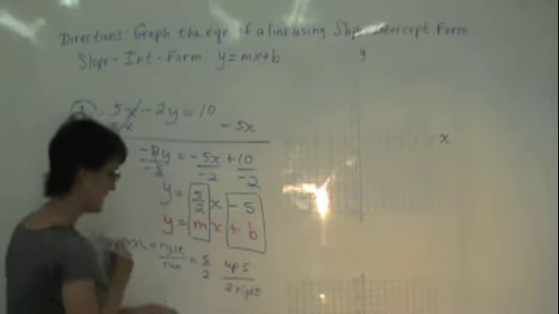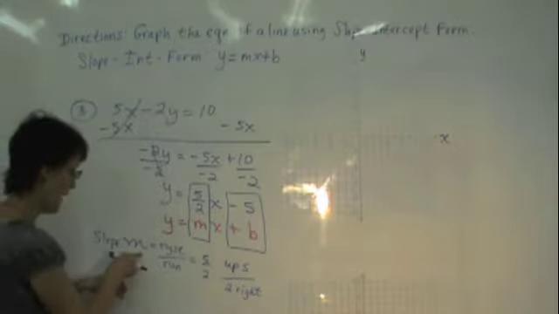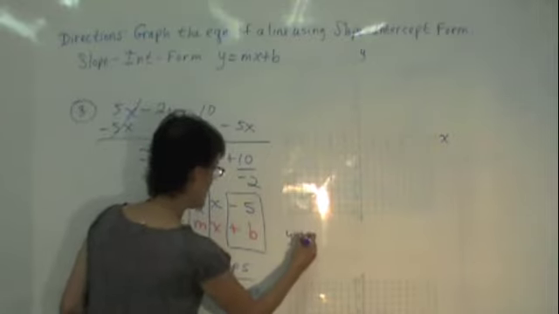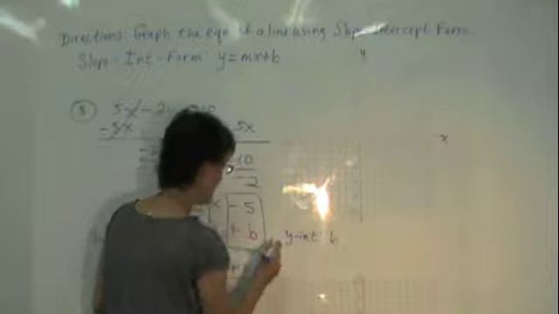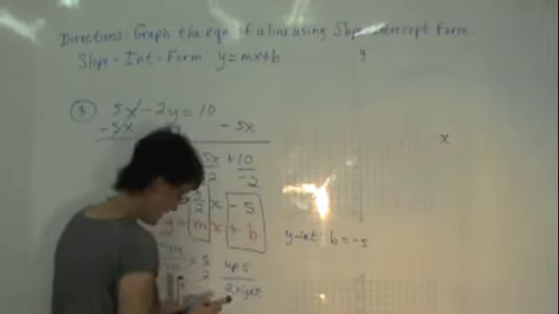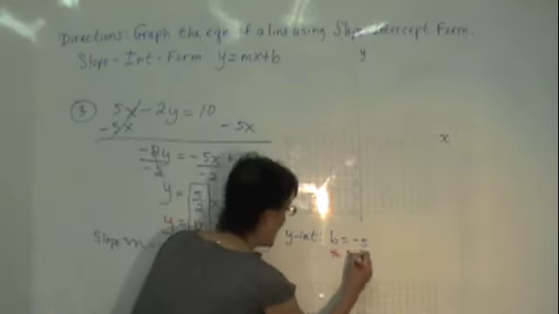That's what that means there, okay? And then my y-intercept, I think I'm going to come over here because I'm going to run out of room. So I come over here, so my y-intercept is my b value, which is equal to -5. Okay? Again, that is the start on my y-axis.